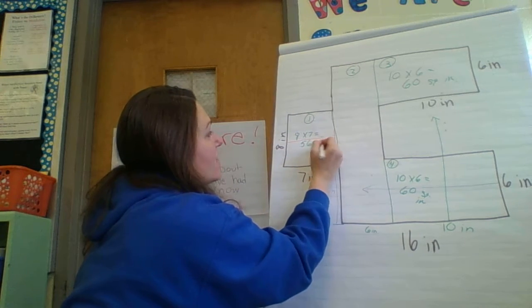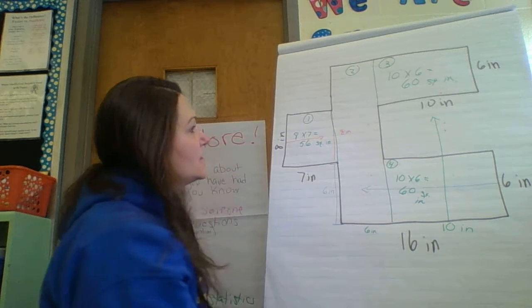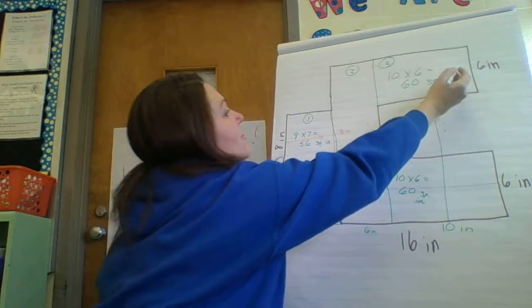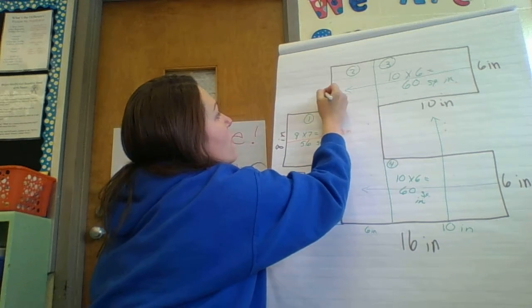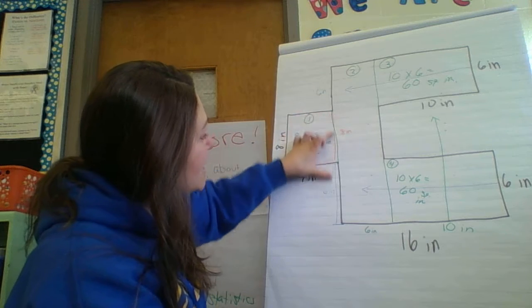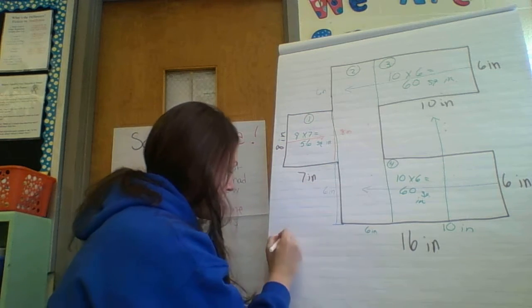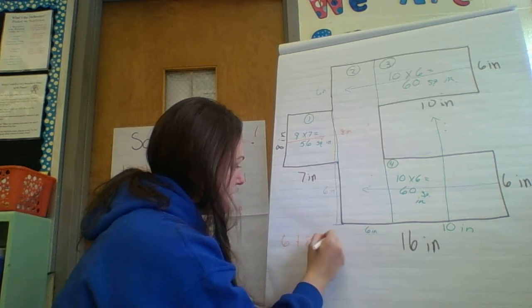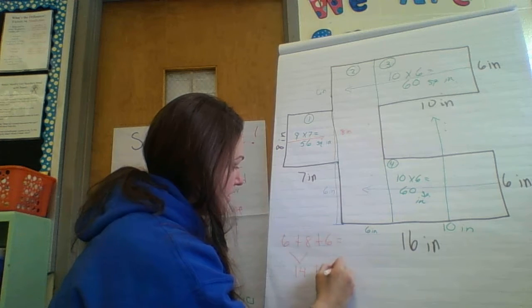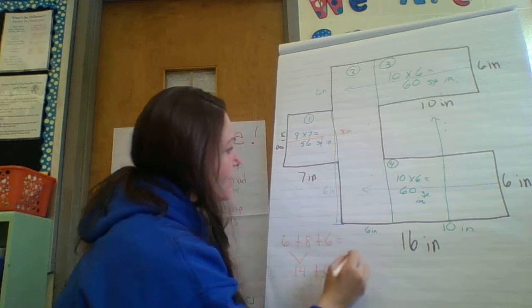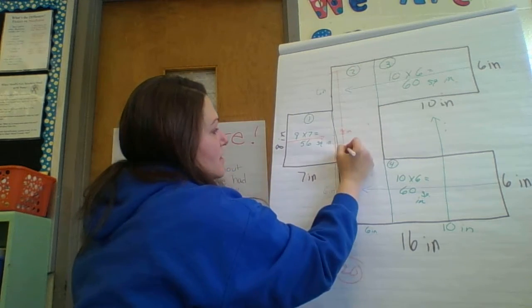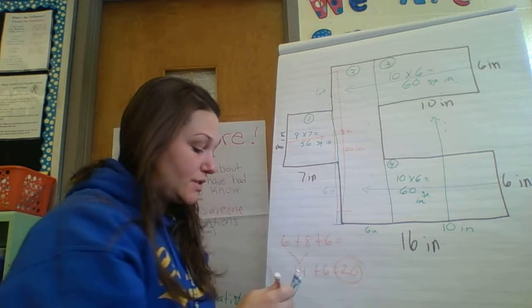Up here, I've got another opposite side, so I know that this side's going to be 8 inches. And then last but not least, I have another opposite side here for 6 inches. So this side length becomes 6 plus 8 plus 6. 6 and 8 is 14, plus 6 is going to give me a side length of 20. So now I know that this entire side is 20 inches.